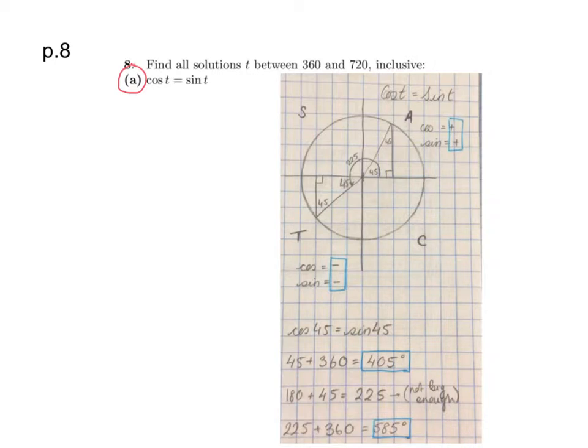To find the second answer, because here the cosine and sine are both positive, the only other place that they're the same is in the third quadrant, where they're both negative. So we drew the second reference triangle here, and went from 45 around, adding 180 to 45 to get 225, which is not big enough. So we then added 360 to 225 to get 585.